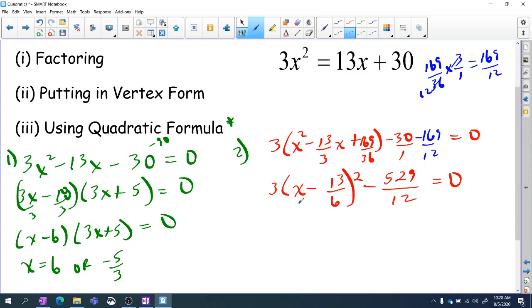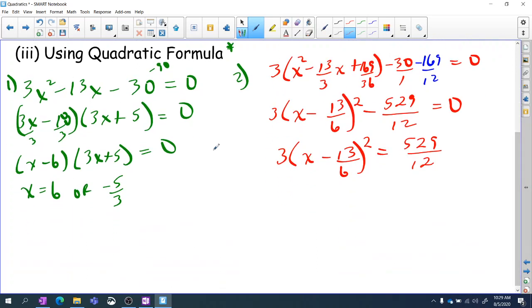Alright, so now we're going to isolate our bracket here. Take away 13 over 6 squared equals 529 over 12. Divide both sides by 3, which can also be accomplished by multiplying both sides by 1/3.